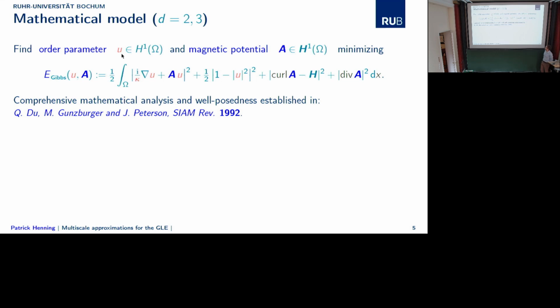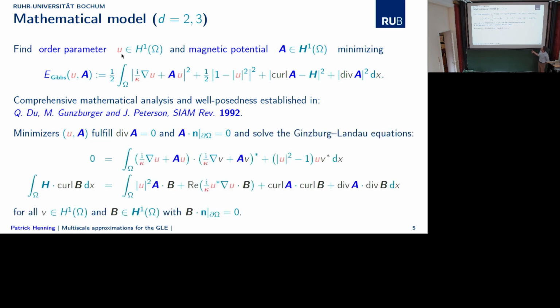Okay, and when you heard a talk about superconductors before, then people maybe just start right away with something called the Ginzburg Landau equation. And where is the Ginzburg Landau equation here? Since we are looking at a minimization problem, the derivative of the energy in the minimizer should be 0.